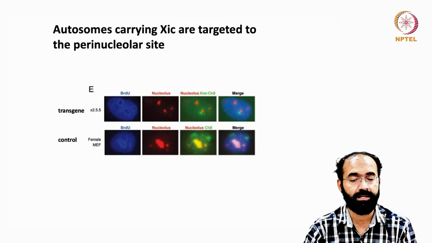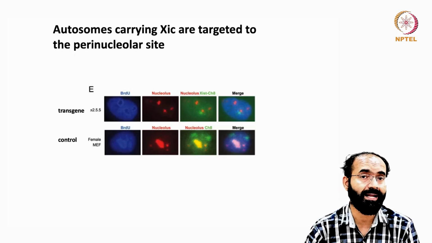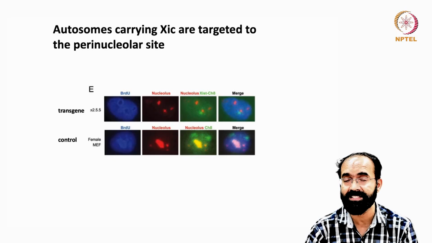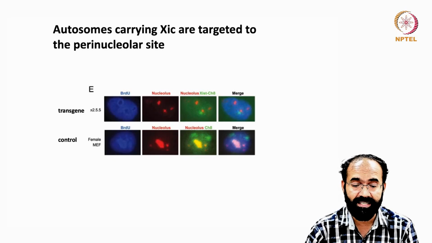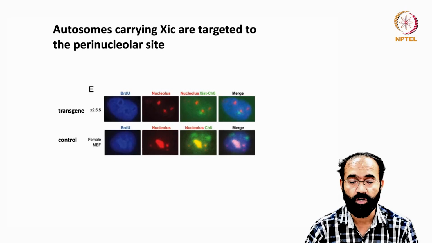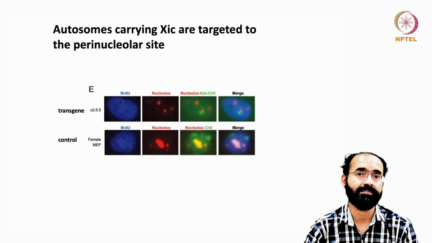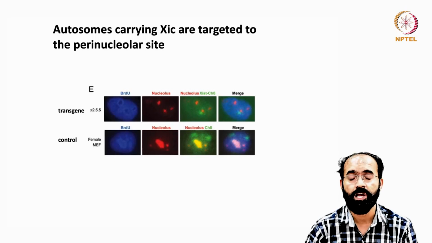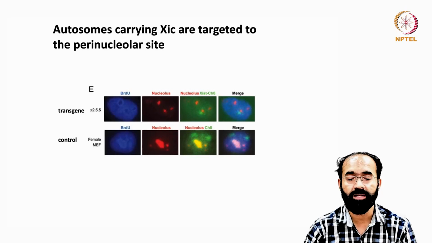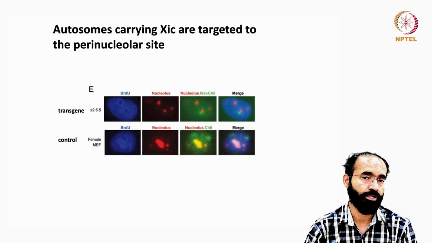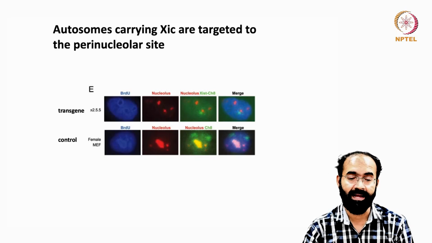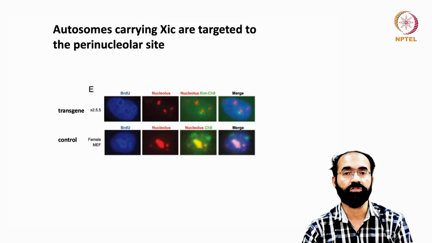Remember, in this control the chromosome number 8 is not tagged with the X-inactivation center, hence it doesn't have the X-inactivation specific transcript, but it has a marker for chromosome number 8, some other gene expressed specifically on chromosome number 8. So chromosome number 8 does not have an affinity for the nucleolus. But the moment you put the X-inactivation center in chromosome number 8, its affinity goes towards the nucleolus.